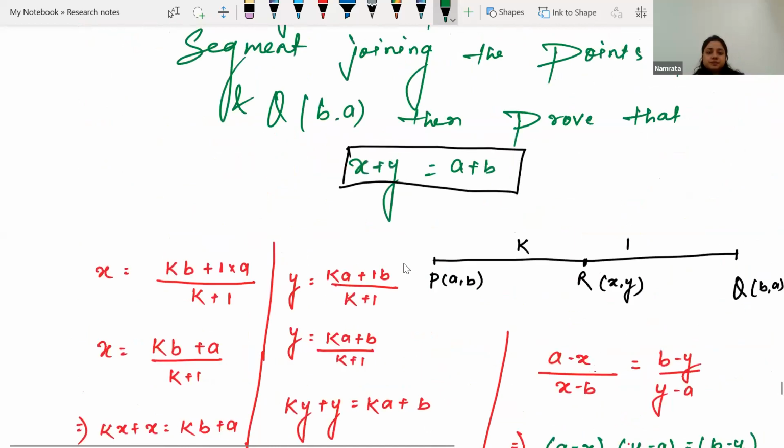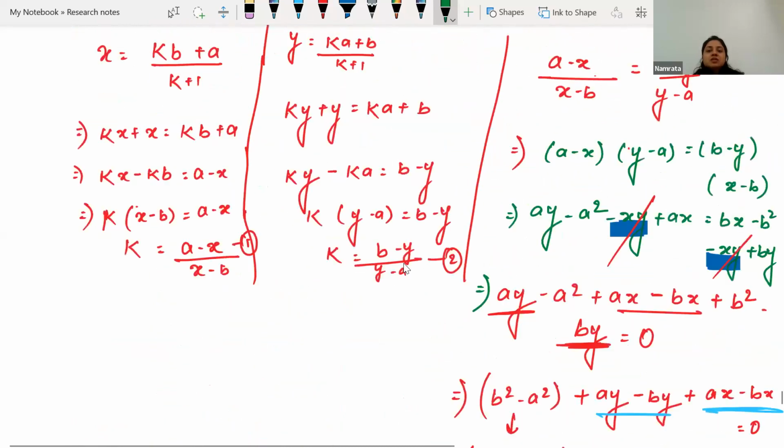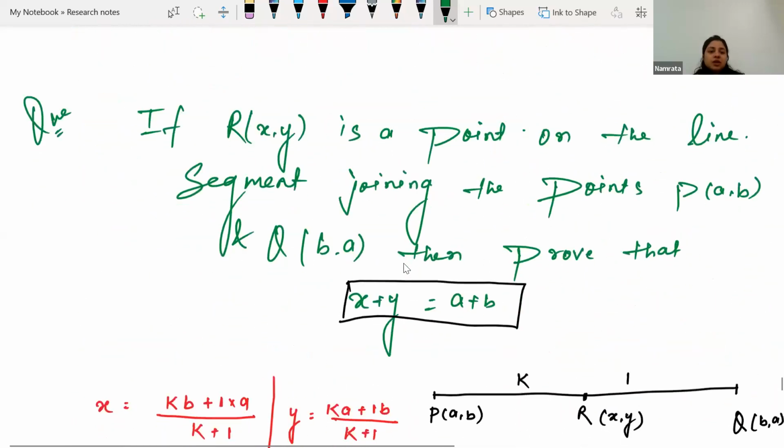Can you see it? x plus y is equals to a plus b. So let's summarize what we did. If R is a point on the line segment joining the point P and Q. So we have drawn a line segment where one of the endpoints is point P, whose coordinates are also given.